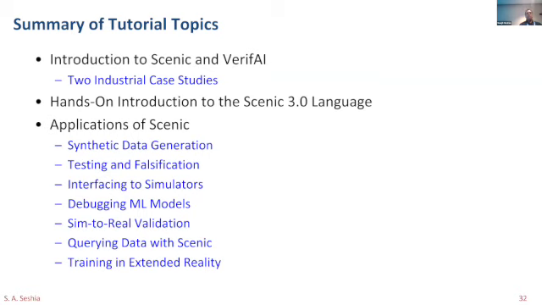We talked about debugging ML models, especially in perception, to understand what the failures are and why. We talked a little about sim-to-real validation, part of which is querying label data with Scenic, and an application training people to perform tasks in extended reality.